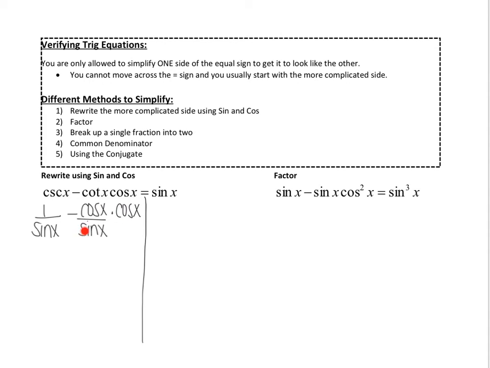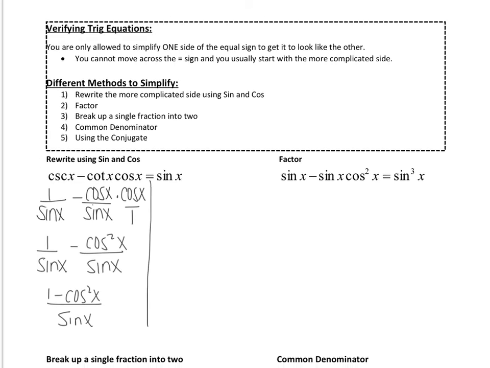And we know that we're multiplying this by cos x. So let's figure out what this is first. We could put this over 1 and multiply the tops. So cos times cos is cos squared. And the bottom is sine x minus 1 over sine x. And it looks like I have a common denominator, so I can write it as 1 minus cosine squared x over sine squared.